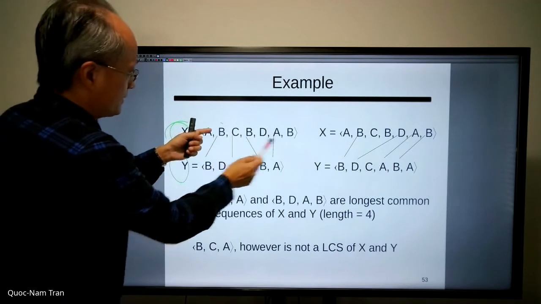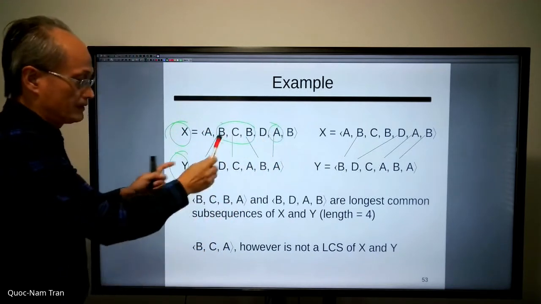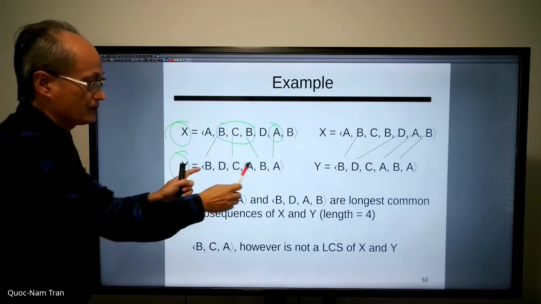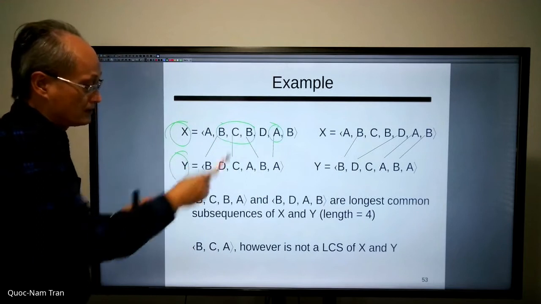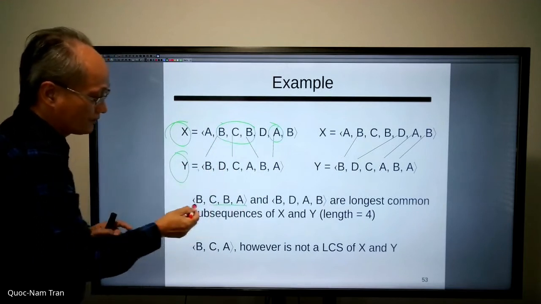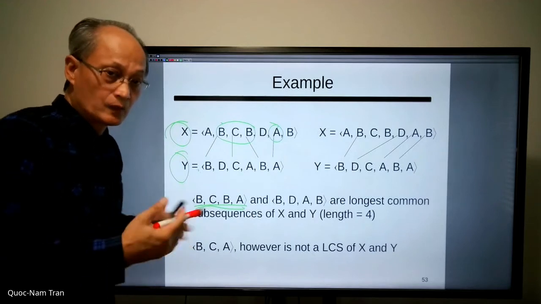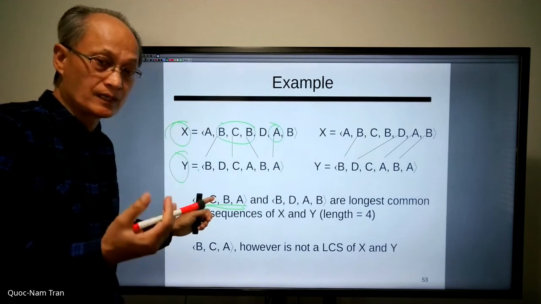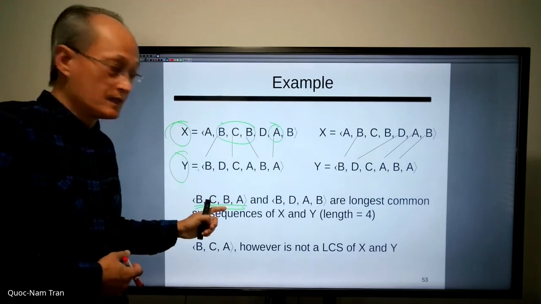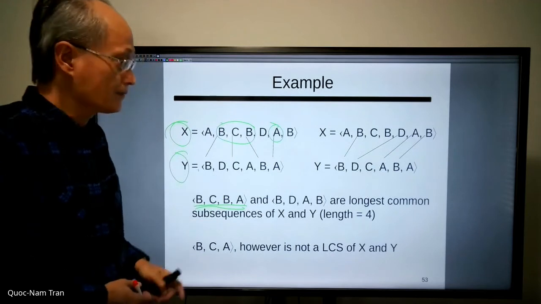B, C, B, A. Okay, we take three of this and one of this, right? You also have B, C, B, A here. And this subsequence has 4 letters. And later on, we will show that it is the longest subsequence because there's nothing longer than 4 for both of the sequences here.